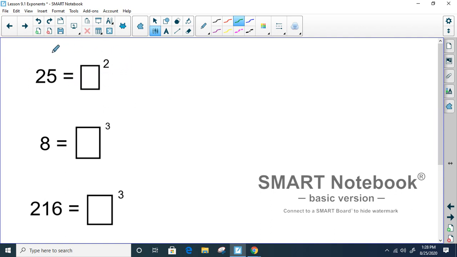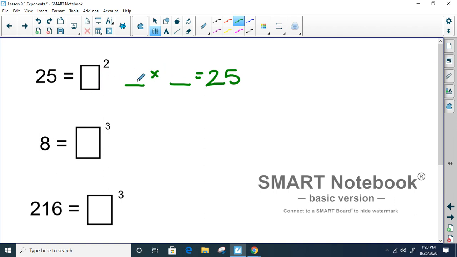On your homework, you are going to have problems that look like this. So I want to see, my answer is 25. So I want to say what number repeated twice equals 25. So if we're looking at this, I see that I need 2 repeats because my exponent is 2.